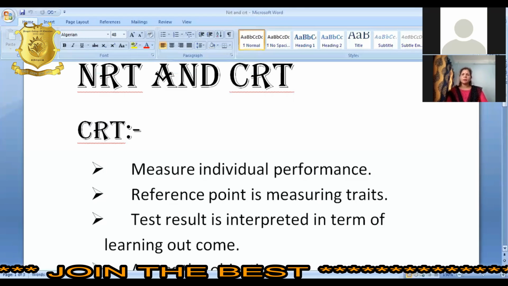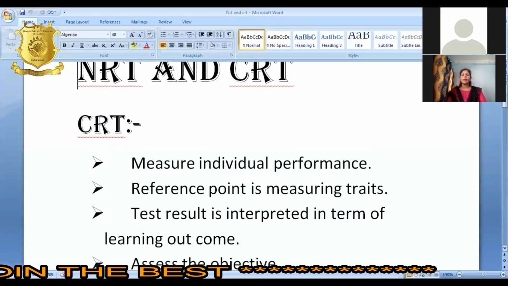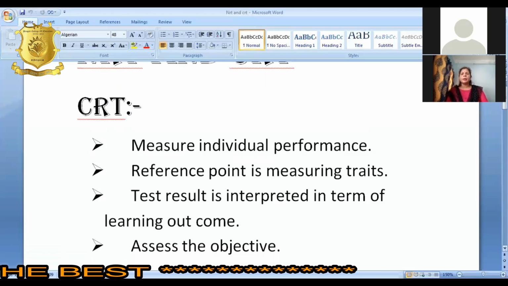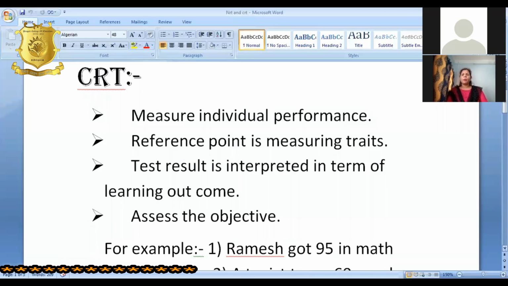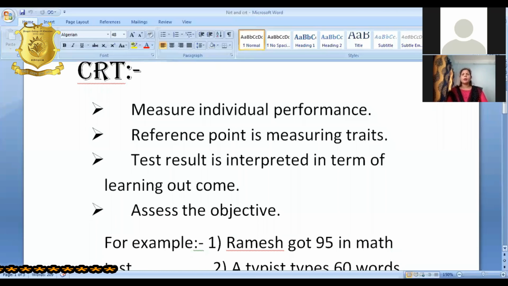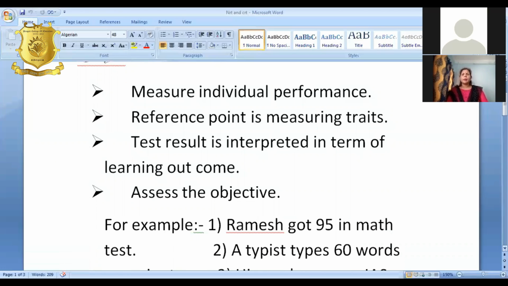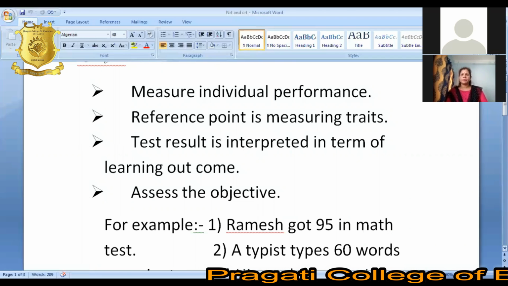Now we'll discuss what CRT is. The CRT also describes the individual performance in terms of what one student can do or how much he learned. Here the reference points are the traits that we will measure, the criterion behavior, that is, the instructional objectives.